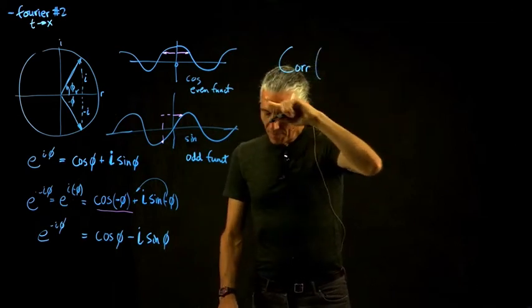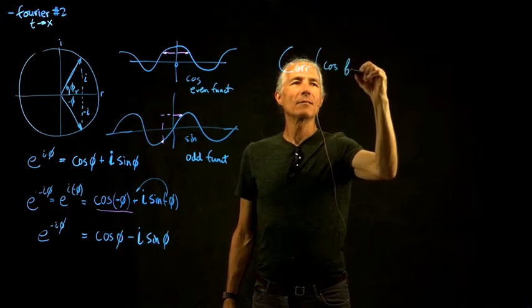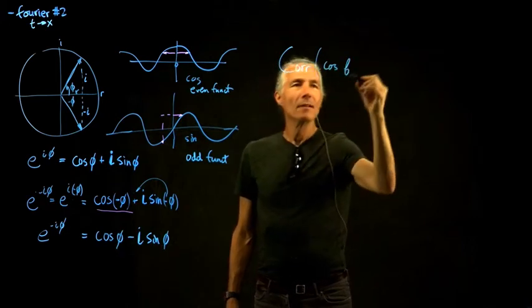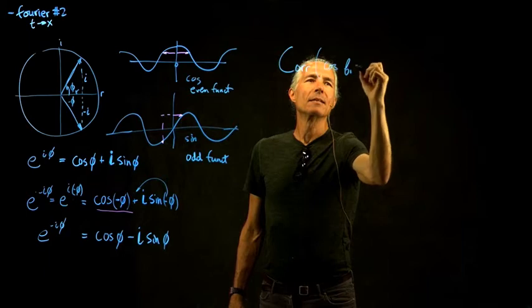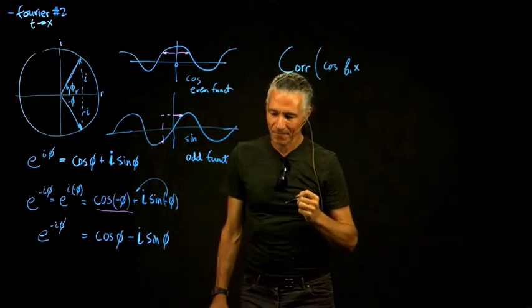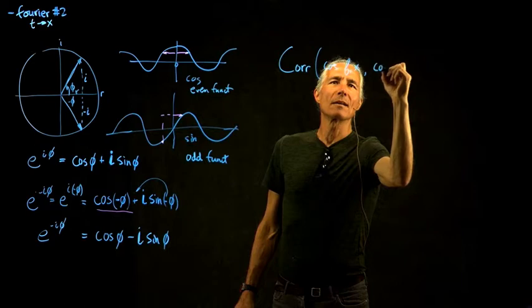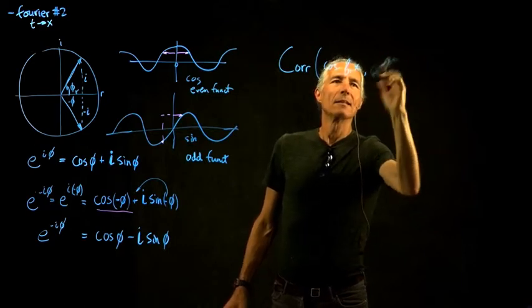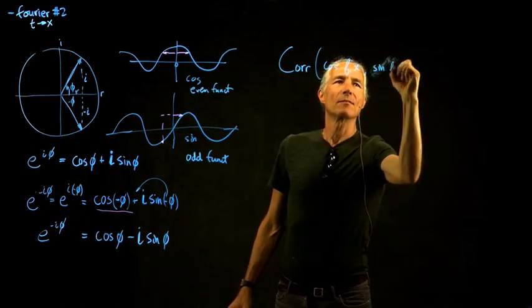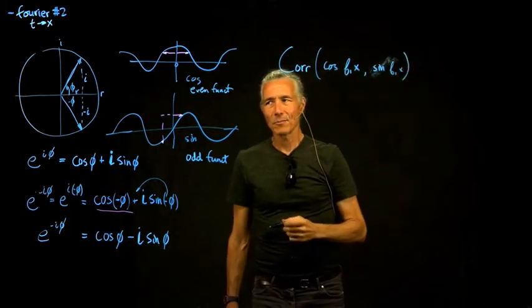And so the correlation of the cosine of a particular frequency, and we're now going to multiply by x instead of t, and a cosine and the sine of a particular frequency times x, so that we get an angle.